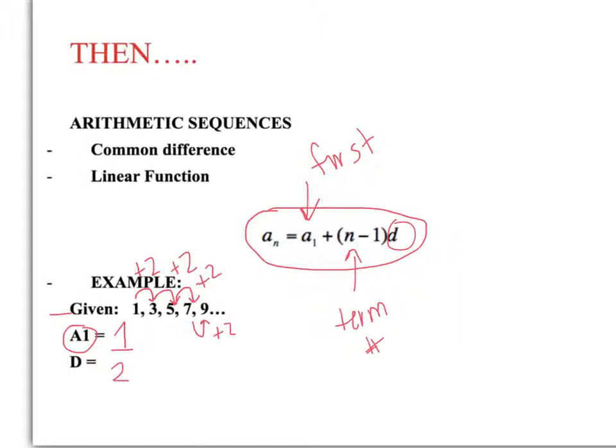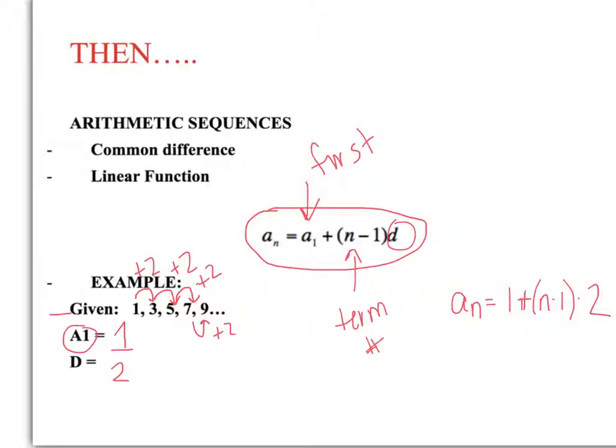So my common difference here would be 2. And then I would say, okay, well, a sub n is equal to my first term, which is 1, plus n minus 1 times my common difference, which was 2. And then we'd go ahead and distribute that, and we would make ourselves a linear equation or a linear function.